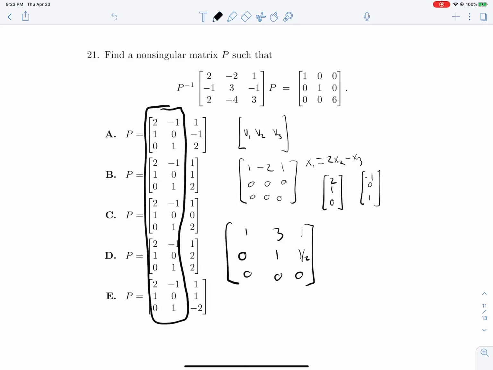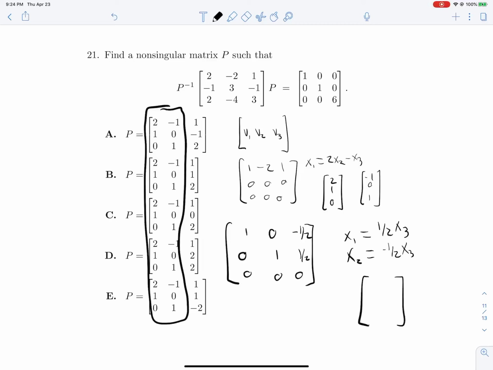Let's subtract 3 row 2's from row 1. That gives us a 0 here. Minus 3 over 2 is -1/2. So we can say that x1 is equal to 1/2 x3, and x2 is equal to -1/2 x3.